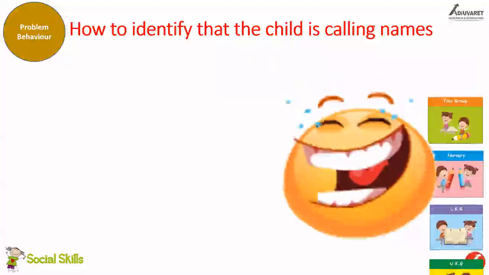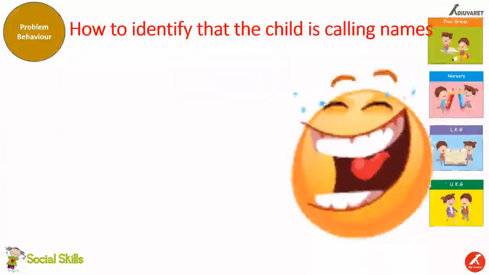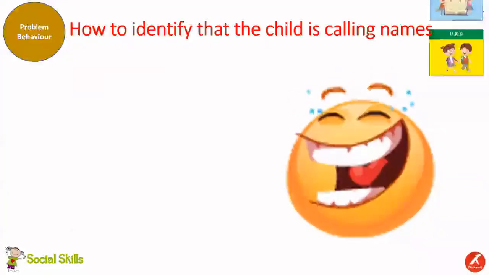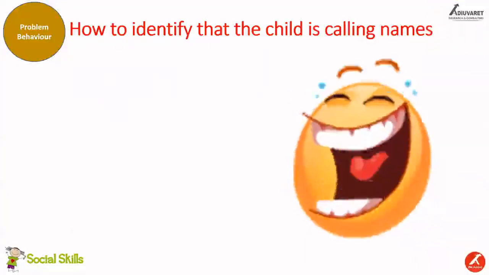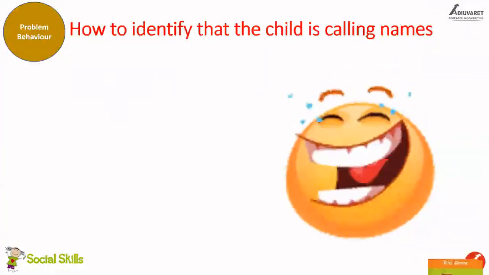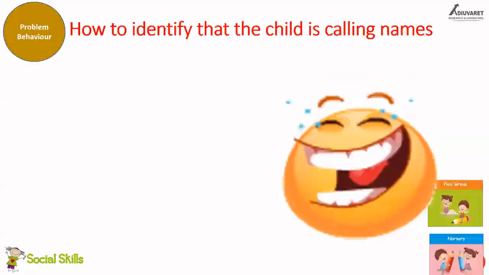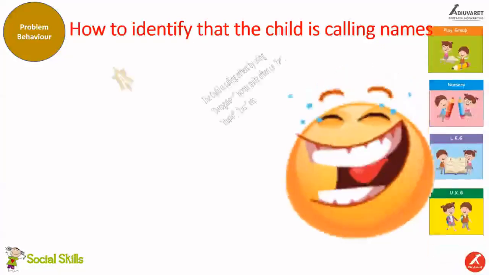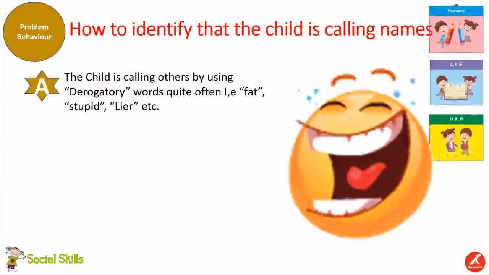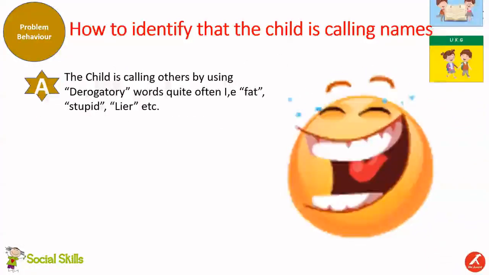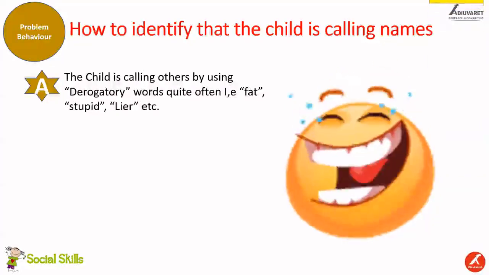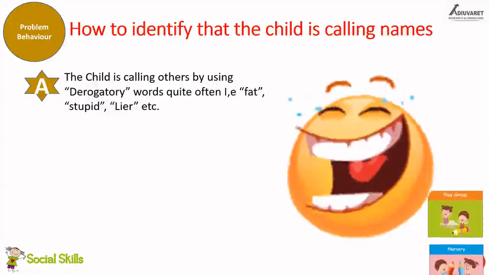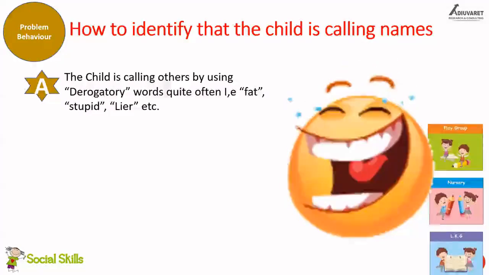So first and foremost, how to identify the basic symptoms that a child can be coming under this category, which to some extent is considered negative or problematic behavior. Number one is very common: when a child calls others by using derogatory words or derogatory sentences.